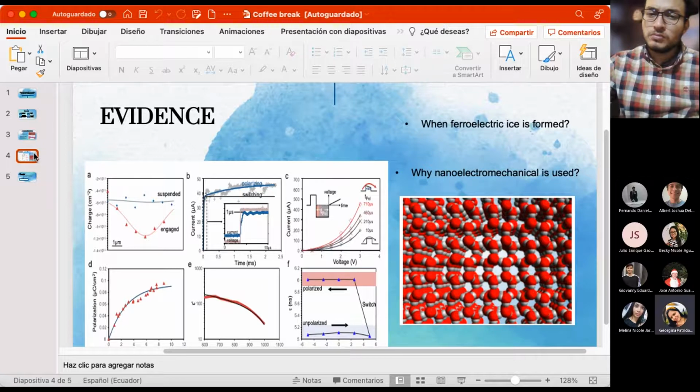In picture 2B, to confirm the ferroelectric properties of the assembly, the researchers conduct electrical transport measurements which help identify permanent changes in the capacitance. This result indicates the formation of mechanical contact between the two graphene layers.